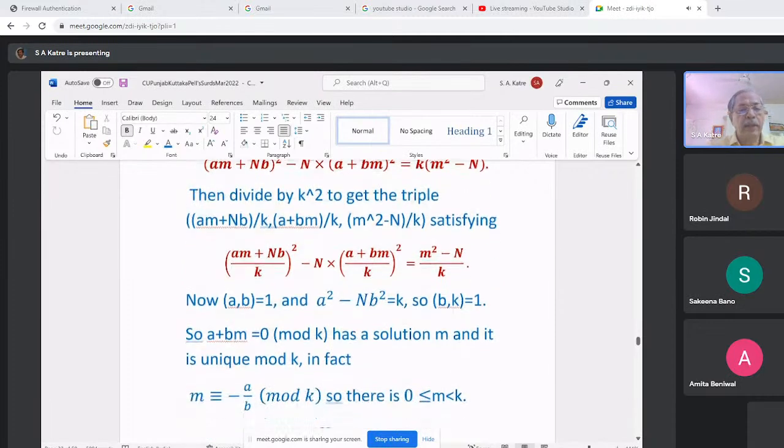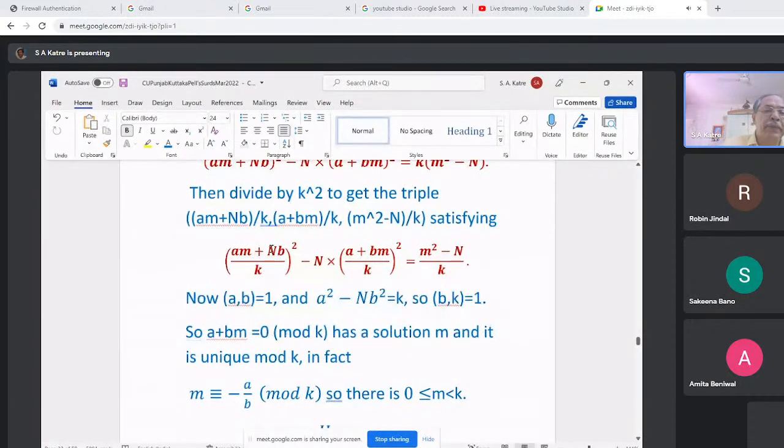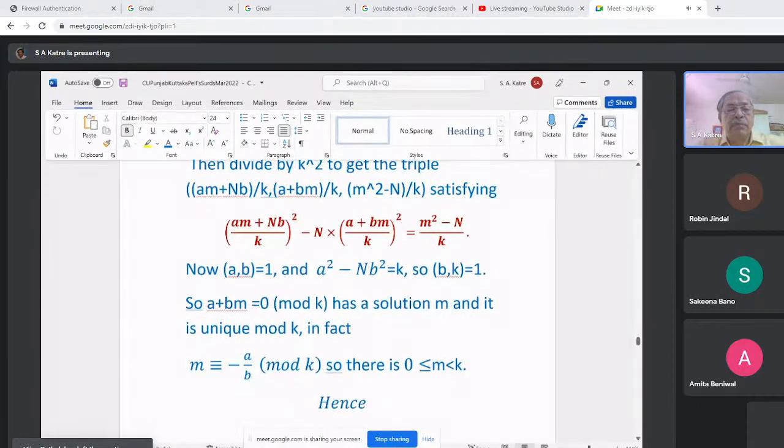Not only that, you also require (am plus nb) upon k as an integer and (a plus bm) upon k as an integer. So we want these three numbers, which are looking like rational numbers, as integers by a proper choice of m, because m is at our disposal, and you should make a proper choice of m so that these three numbers will become integers.